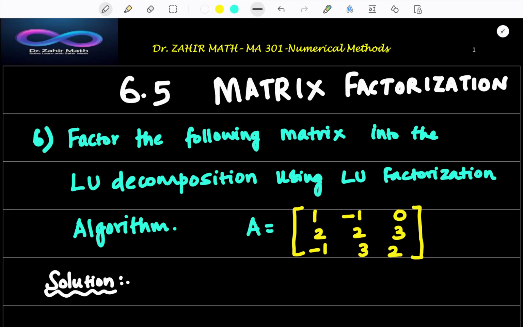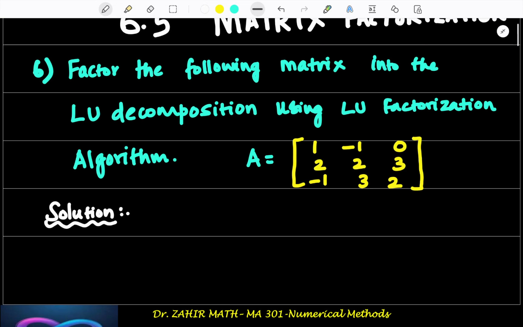The idea is to break a matrix A into the product of two simpler matrices, L, which is a lower triangular matrix, and U, an upper triangular matrix. This method helps us solve systems of linear equations, find inverses and compute determinants more easily, especially when dealing with repeated solutions of AX equals B.